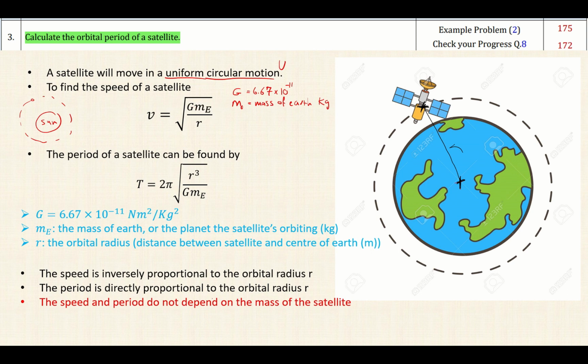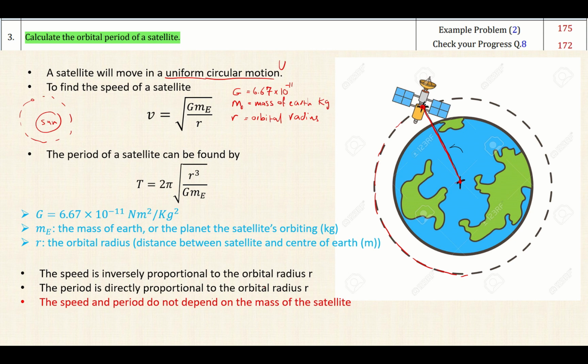All right. R is the orbital radius. It is the distance between the satellite center and the center of Earth. And you can see that this resembles the radius of the satellite's circular orbit.